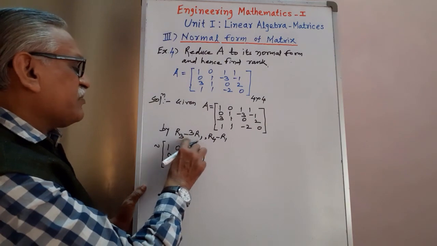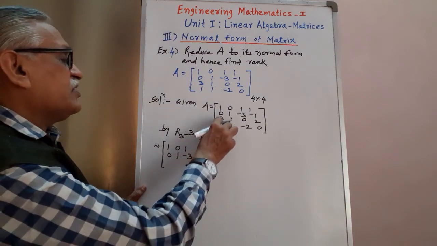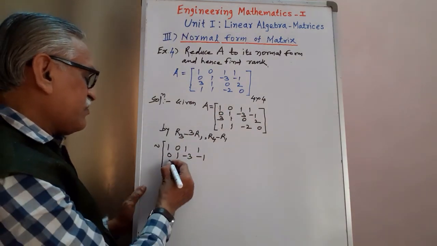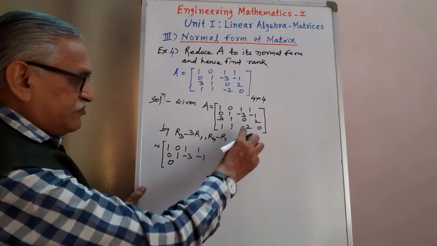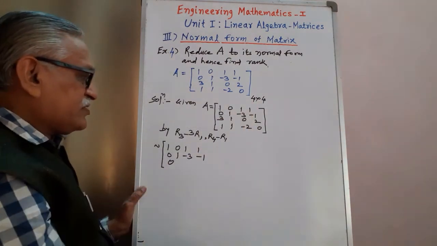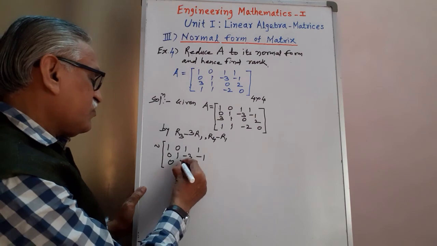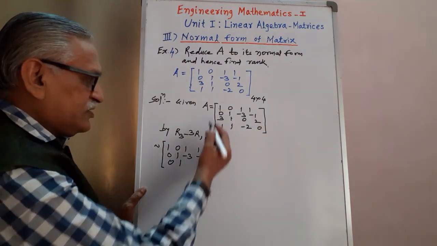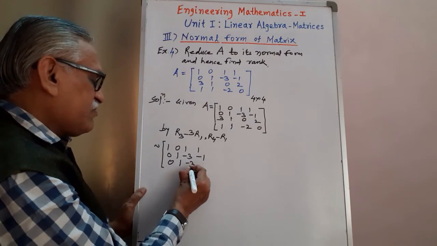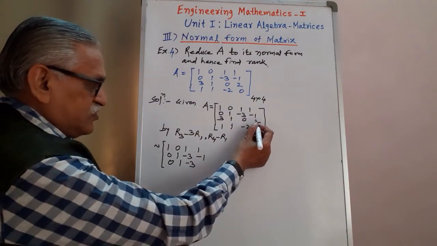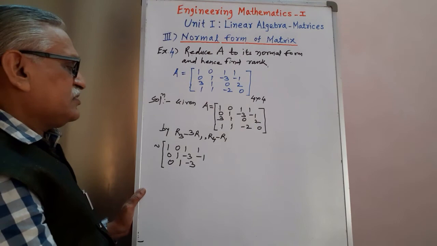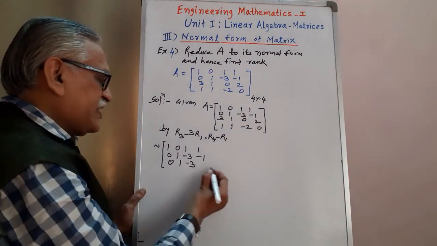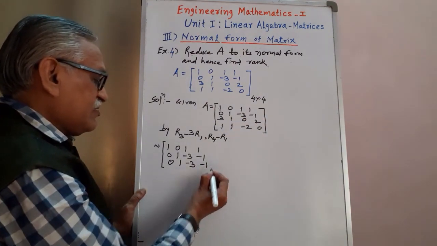Next, R3 minus 3 times R1. 3 minus 3 times 1, 3 minus 3, we get 0. 1 minus 3 times 0, we get 1. 0 minus 3 times 1, 0 minus 3, we get minus 3. 2 minus 3 times 1, 2 minus 3, we get minus 1.